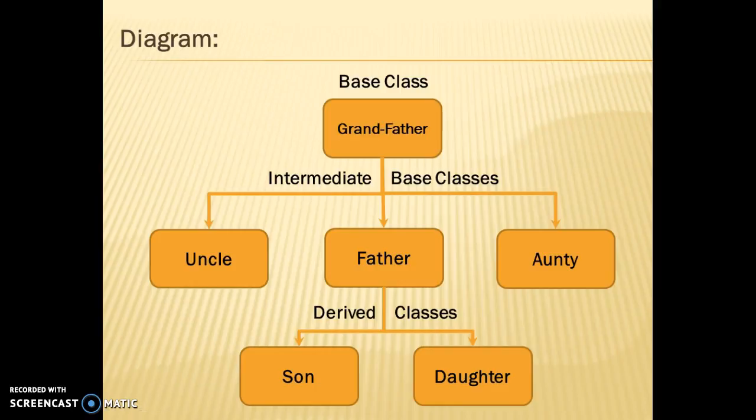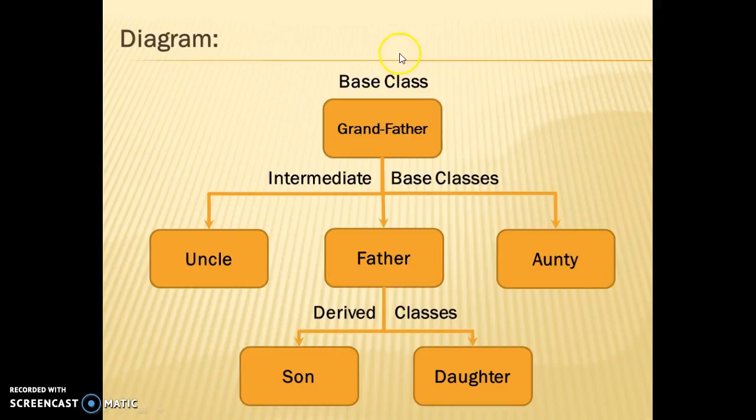Grandfather is the base class, whereas the derived classes are uncle, father and auntie. From the father class, the son and daughter classes are derived. Now the characteristics of the grandfather transfer to the father and the father's are transferred to the son and daughter.